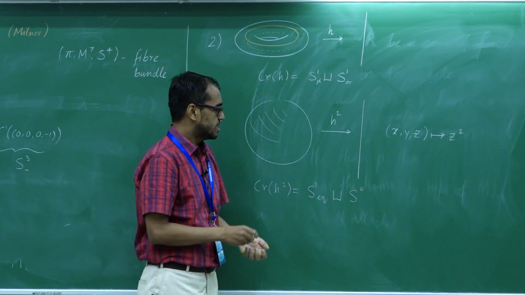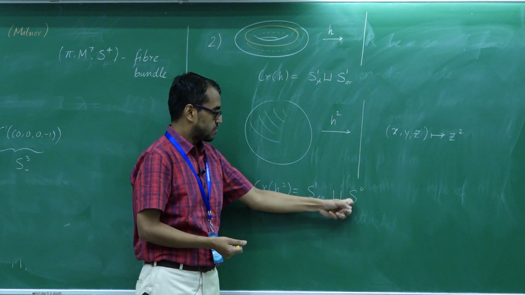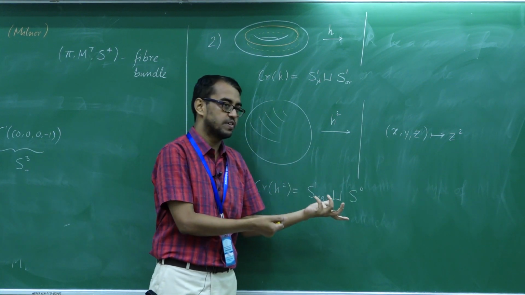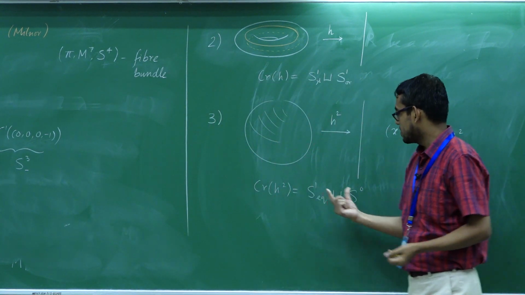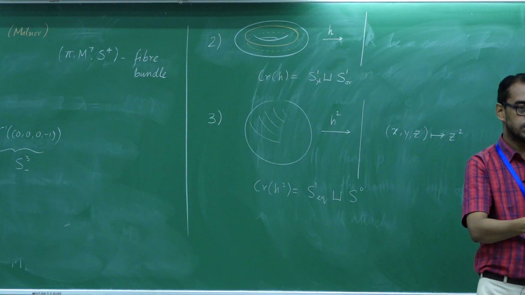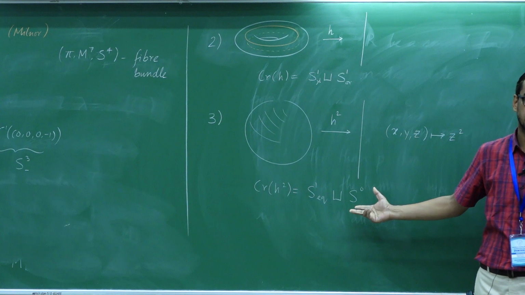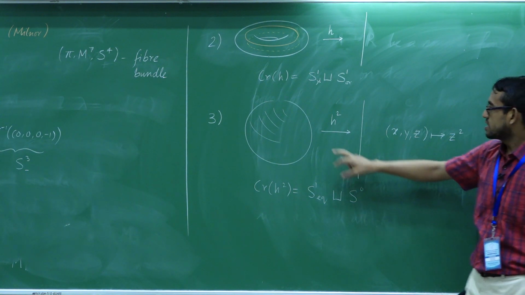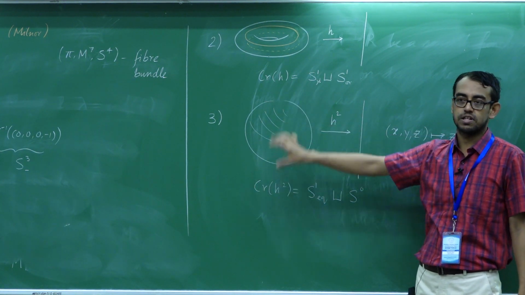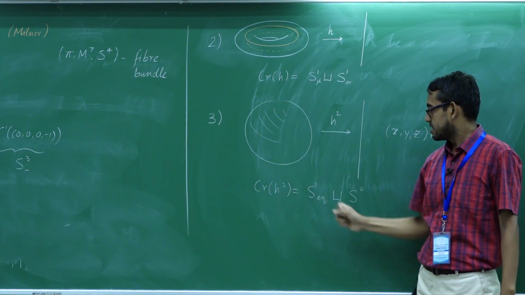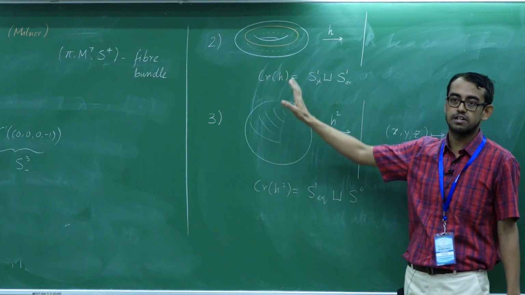I'm going to call it S0 because from a topologist's perspective, S0 is simply the zero sphere. S1 is the one sphere, which is the circle. So what is the zero sphere? It's the unit sphere in the real line, which is just plus 1 and minus 1. So it's just two points. These two points are precisely, in this case, the North Pole and the South Pole. So it's like a doubling map. The equator becomes a critical set, and then you already have the original critical sets.